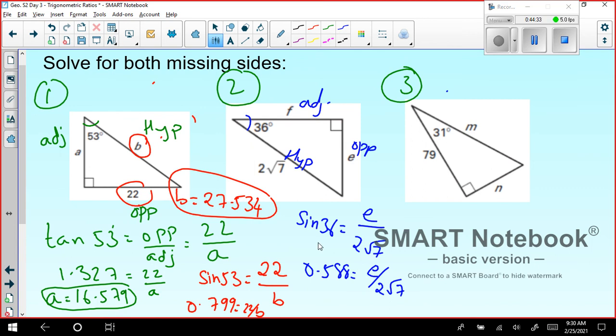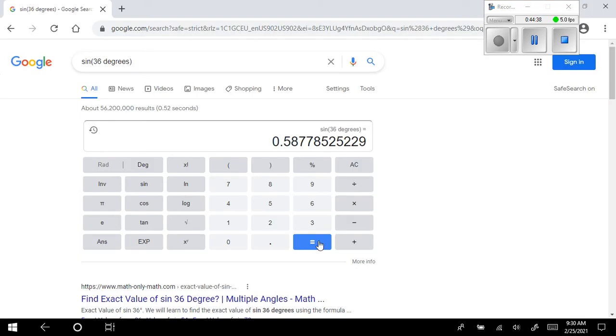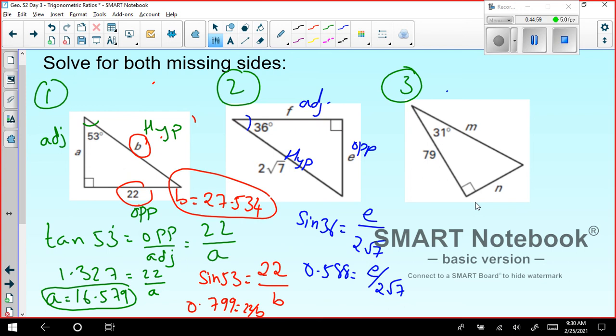So further cross multiply, you get the value of E. 0.588 times 2 root 7. That gives us 3.110. That is your E.